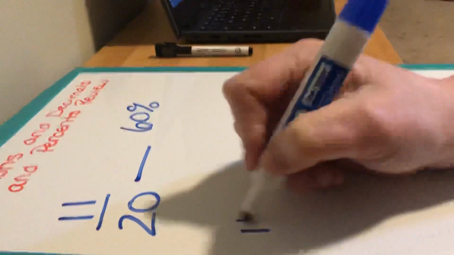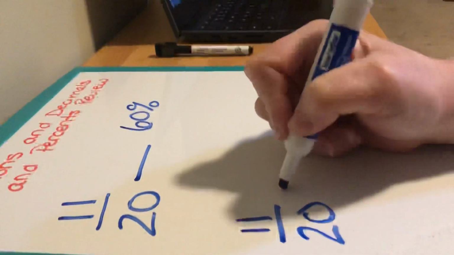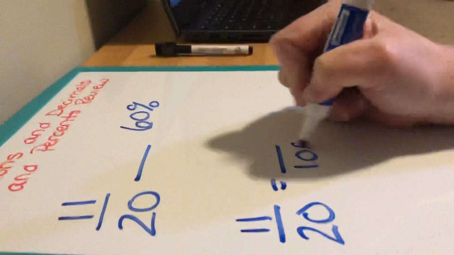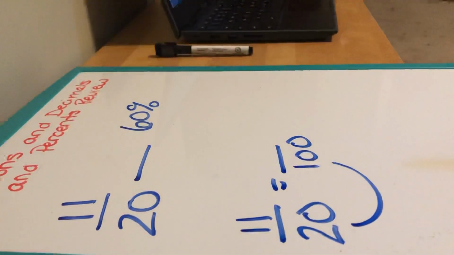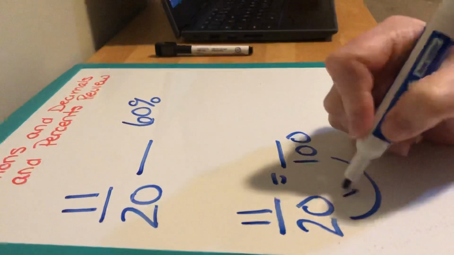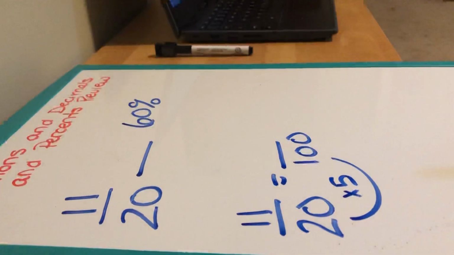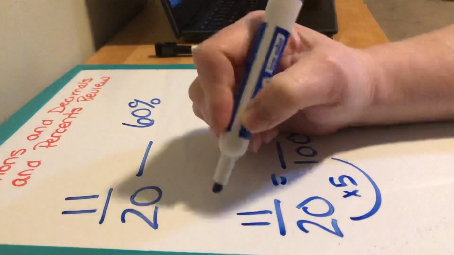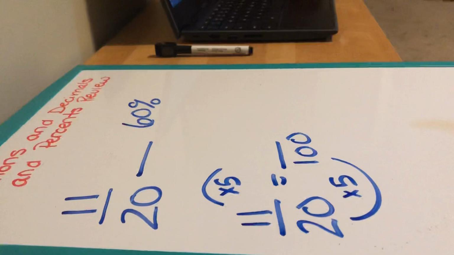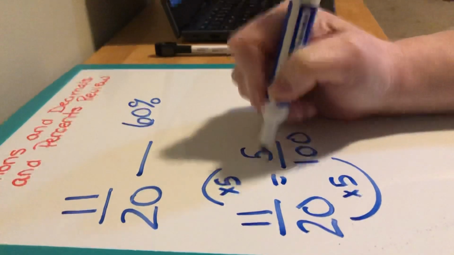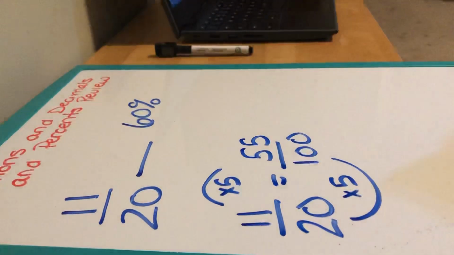So we're going to change 11/20 into something over 100. If I look on page 5 of my handy cheat sheet, it shows me that 20 times 5 gets me something over 100. So now I can do 11 times 5 on the top to get me 55 over 100.